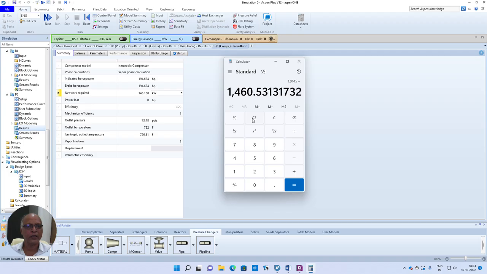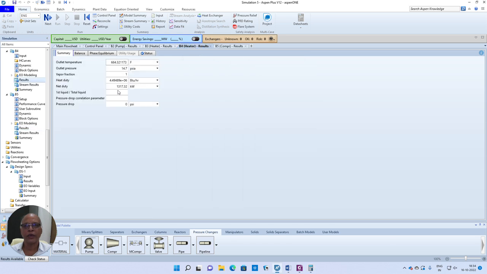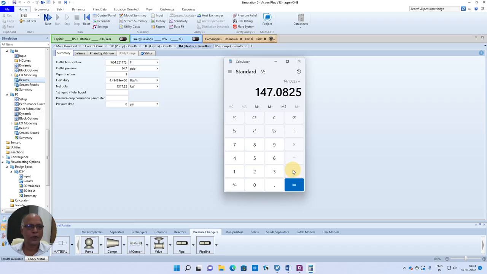This information here itself, 1460.53, is the previous one. So let me once again add. This is 145.168 plus what was the requirement in the heater, 1317.32.